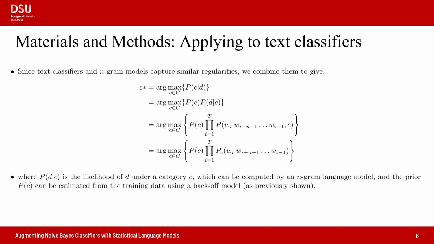Now they use the formula that we saw in the n-gram model for the probability of D given C, and then we just apply the argmax. The probability of D given C is the likelihood of an instance D from the document under a category C, which can be computed by an n-gram language model, and the prior can be estimated from the training data using a back-off model estimate that we just saw in the previous slide.